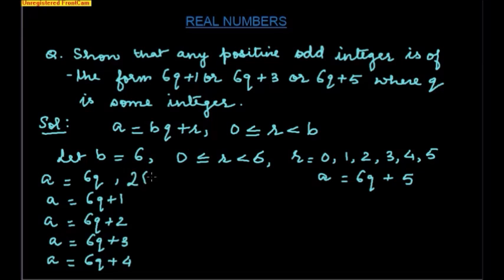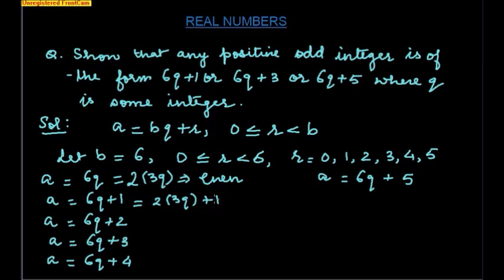If I see 6Q, I can write it as 2 into 3Q. This is divisible by 2 as we are getting 2 into something. So we say that this is even. Now if you see here, we have plus 1. That is, I can write it as 2 into 3Q plus 1.